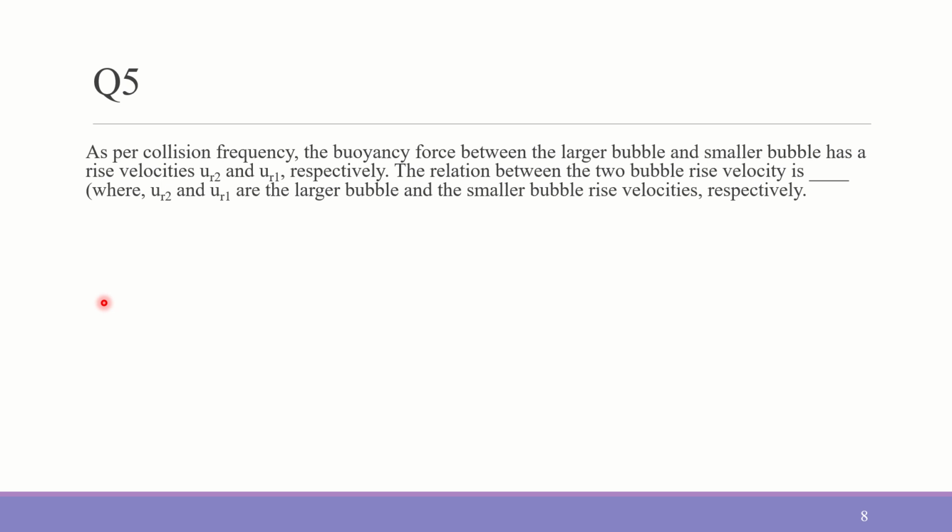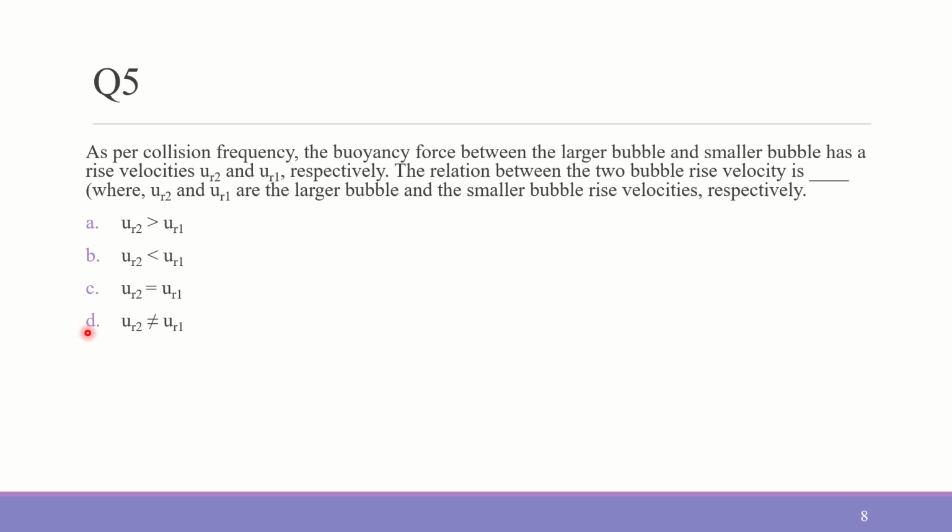Okay, let us first look at the options. Option A, ur2 is greater than ur1. Option B, ur2 is less than ur1. Option C, ur2 is equal to ur1. Option D, ur2 is not equal to ur1. What is the condition?